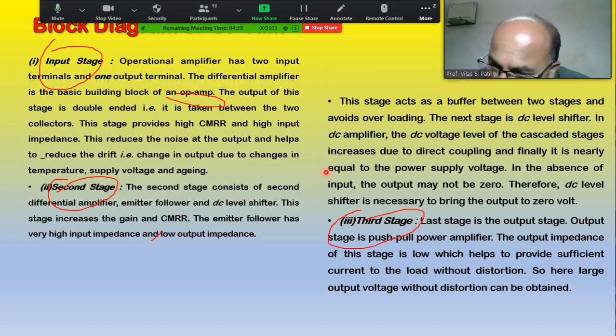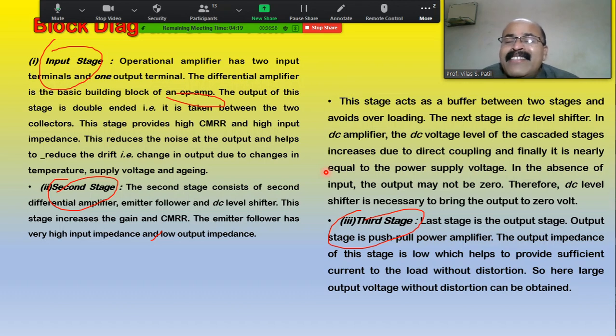But in the intermediate stage, there are three different parts. First is the second differential amplifier with double-ended input and single-ended output. Second is the emitter follower circuit, because we have to increase the output of the operational amplifier, and we have to increase its input impedance also.